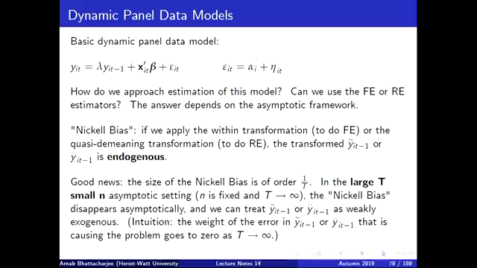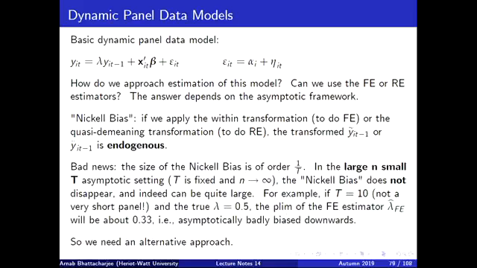The good news is that this bias is of order 1 by T. So in a large T asymptotic setting, when N is fixed and T goes to infinity, Nickell bias disappears asymptotically. Okay? And here's the intuition behind it. You guys will be able to write it down and see this exactly. Okay? How big is this problem?